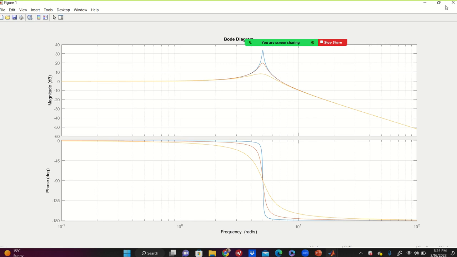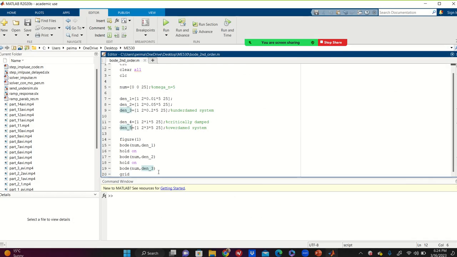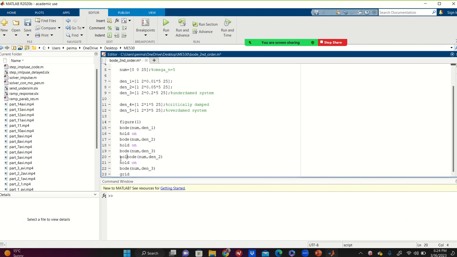Now if I plot with 4 and 5, because we know that for critically damped and overdamped systems we have no overshoot. I taught you today, that's right.